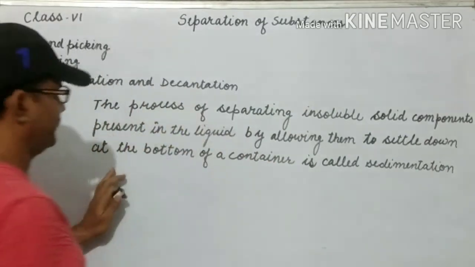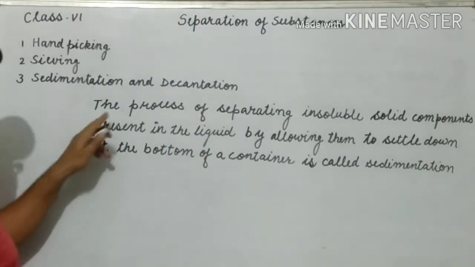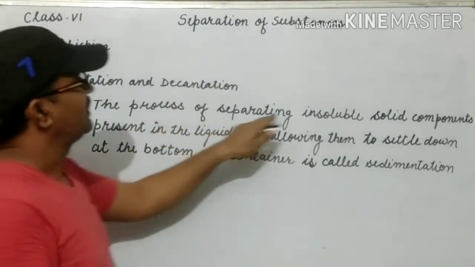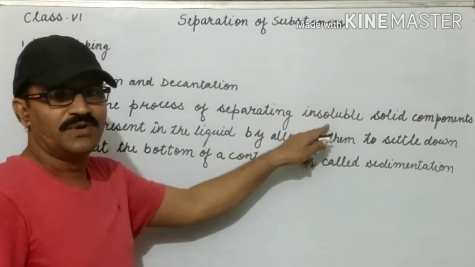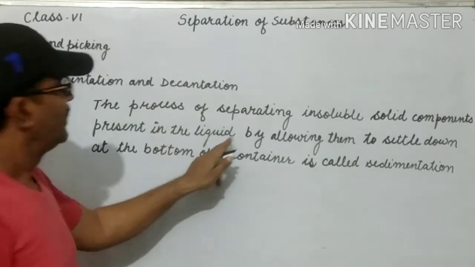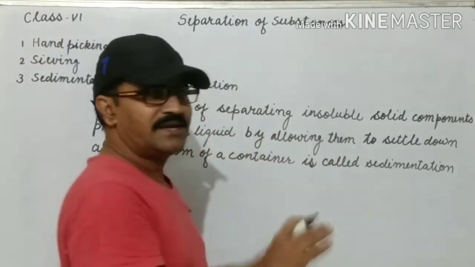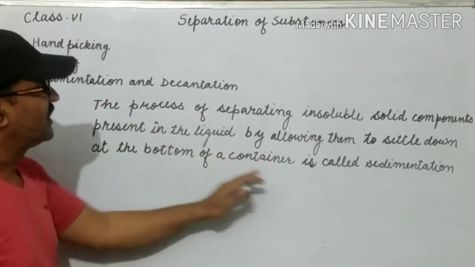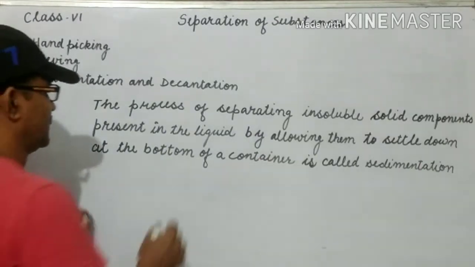It is a lengthy definition, but first of all learn this. The process of separating insoluble solid components present in the liquid, by allowing them to settle down at the bottom of a container, is called sedimentation.